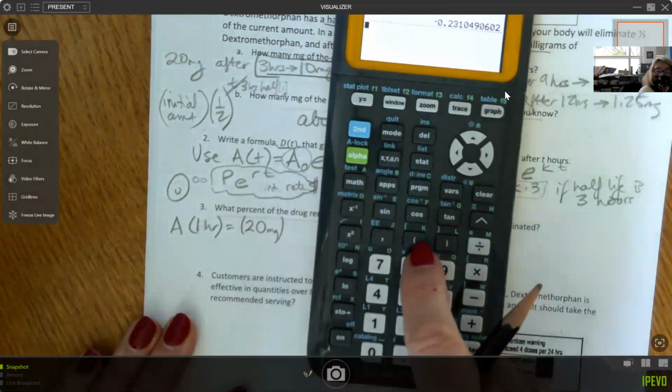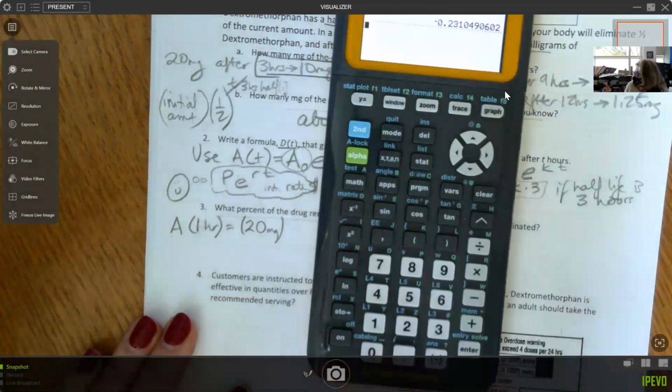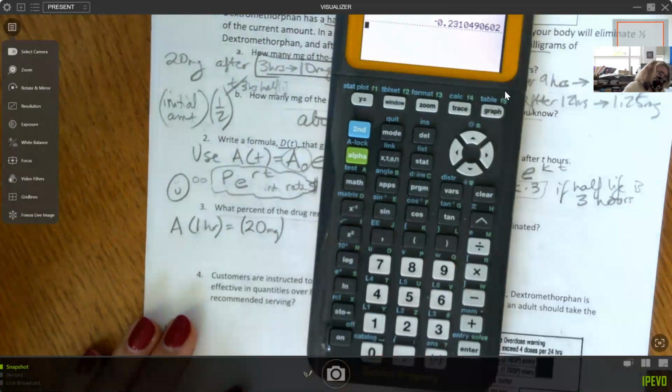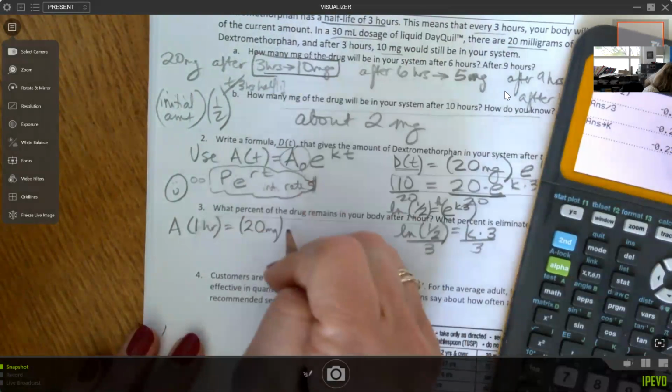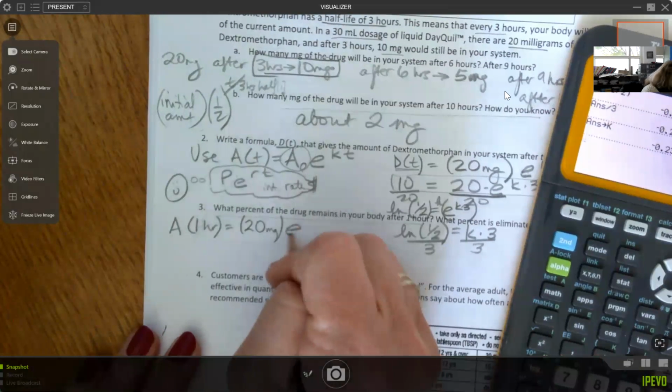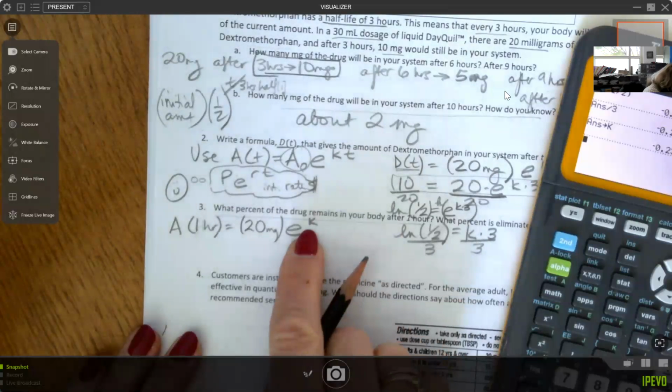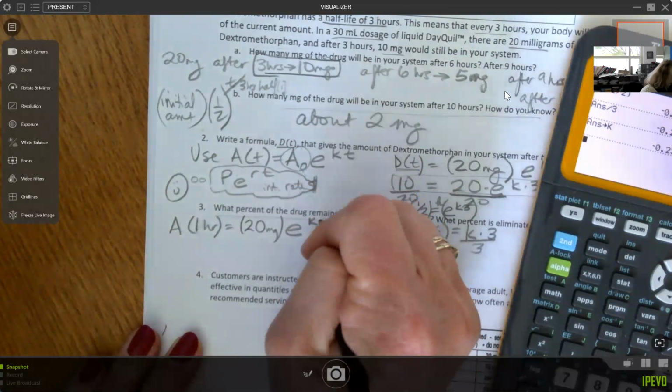A lot of times I use J because I like that. You can use whatever letter you want, but just so we're all doing it the same, I did alpha K. So that times e to the K, and we're going to use our stored K times 1.